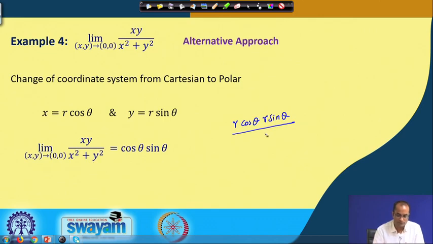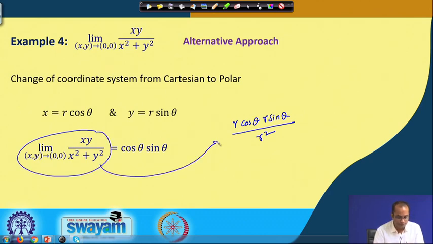and then x square plus y square will become r square, and this limit as (x, y) goes to (0, 0) will be the limit as r goes to 0, because in the polar coordinates now we have this r and this theta.